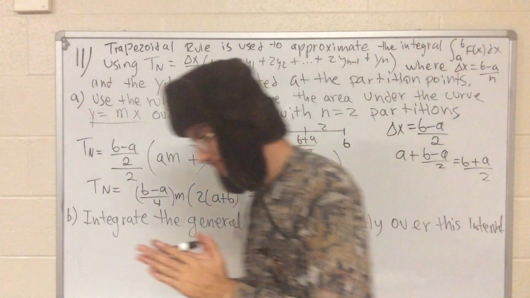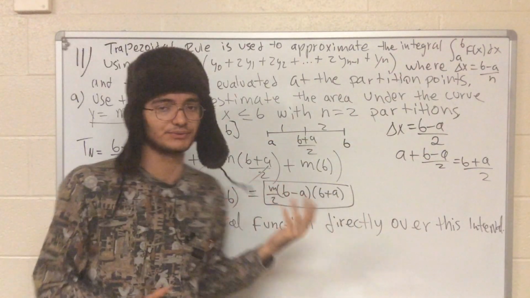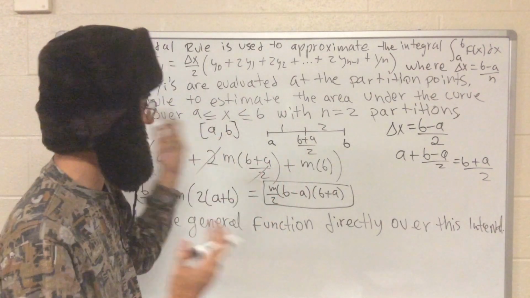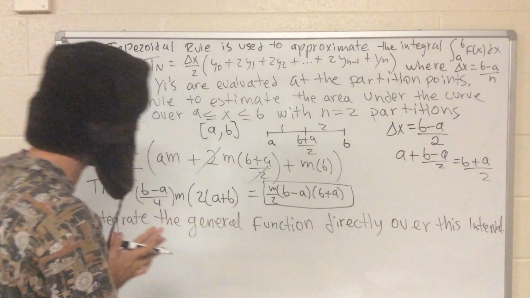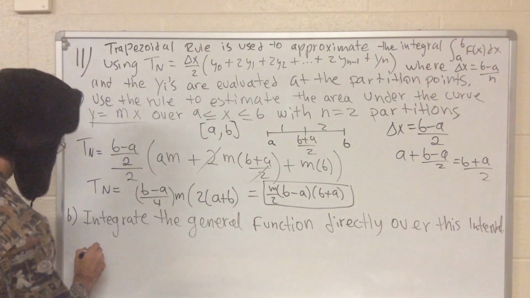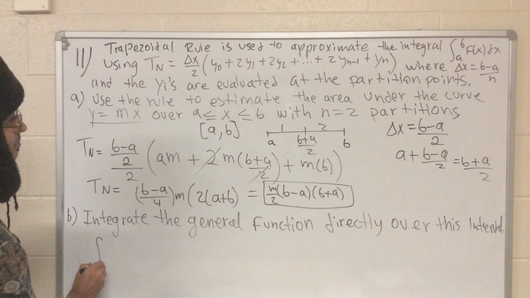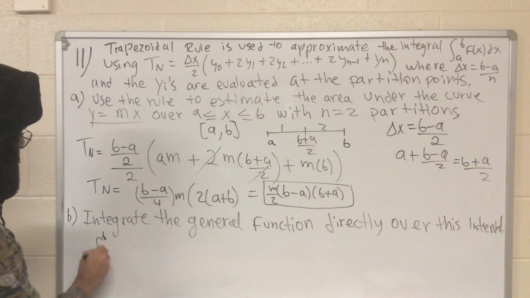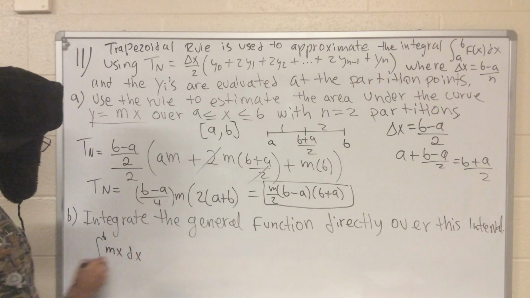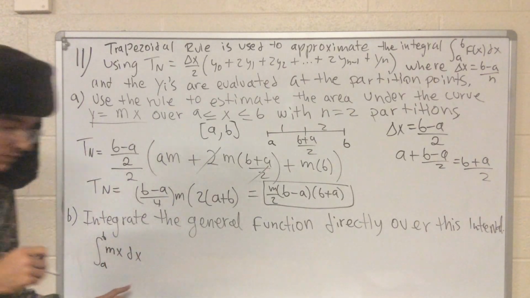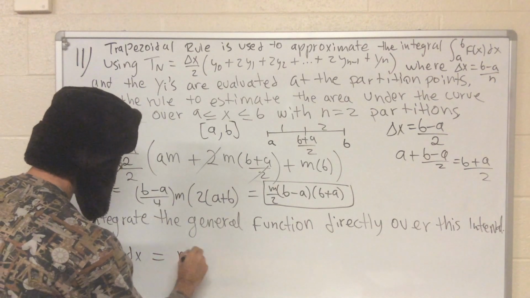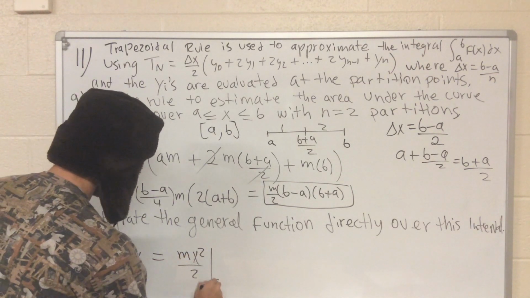And if you really think about it, we're approximating the area under the curve of a line using trapezoids, which essentially is the actual area, right? So let's see what happens when we take the integral directly for part B. So let's take the integral from a to b of m times x dx. So this is essentially mx squared over 2 from a to b.